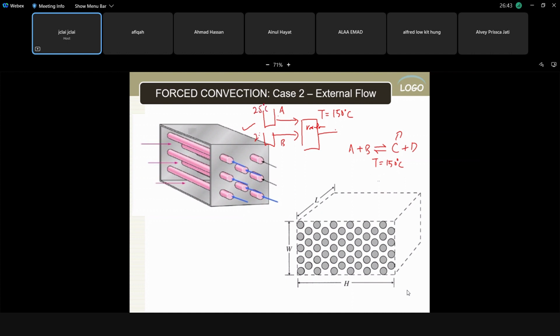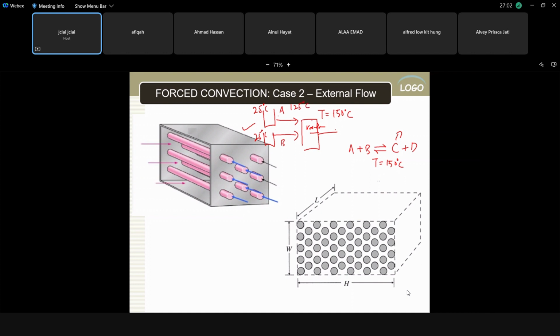Okay, 25. So if you don't heat it up before you pump it into the reactor, then the temperature difference is too high, right? The temperature difference is 125 degrees Celsius.